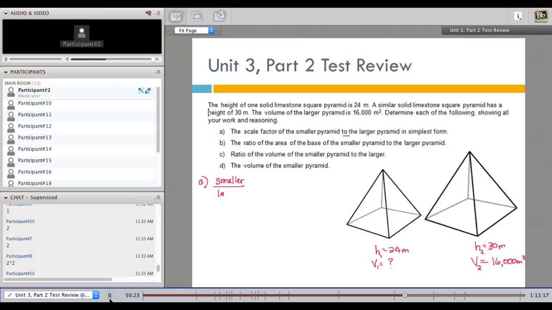So maybe what we should do, just because on that previous example from the 3.11 quiz, if we want to keep things consistent, I don't want to confuse you guys too much, but let's call the first, the smaller pyramid, let's call that volume 2 and height 2. Because when we set up our ratio, since we're dealing with volumes, we'd have t cubed, we'd have volume 2 over volume 1.